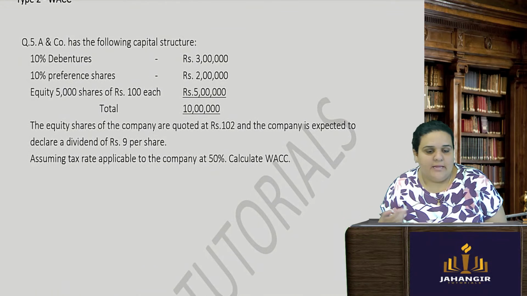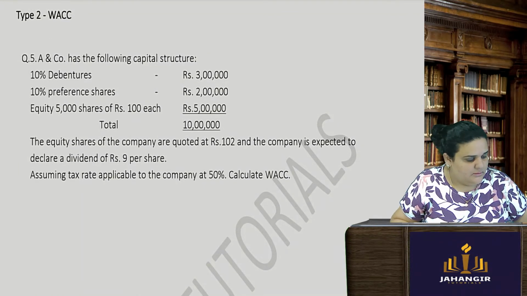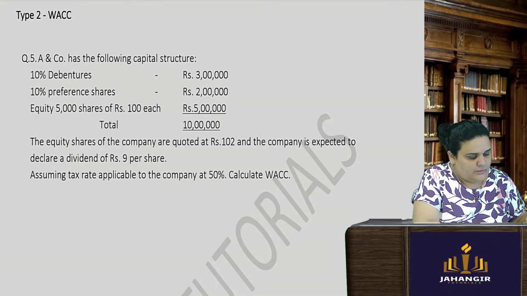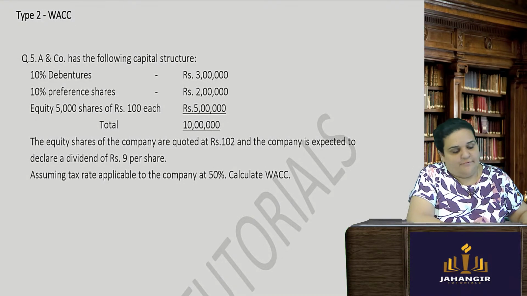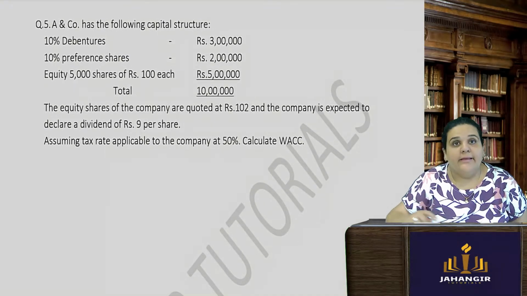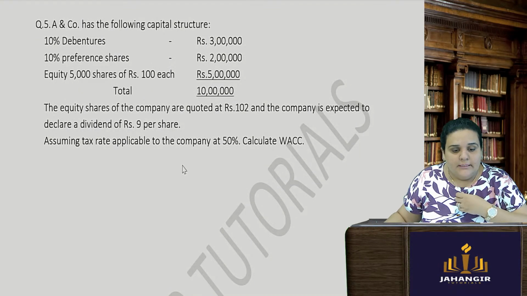Now coming to type 2, weighted average cost of capital. Let's solve this, because in the exam questions also, they are asking mostly this only. A company has the following capital structure. They have 10% debentures, 10% preference shares.